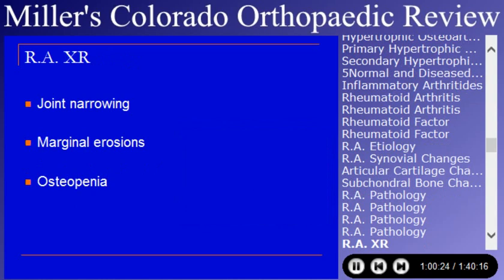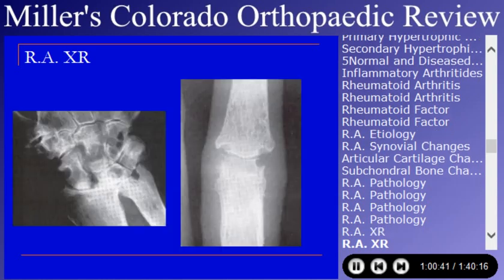The joint narrowing tends to be diffuse rather than focal, so that the varus deformity seen in DJD is not commonly seen or wouldn't be expected with rheumatoid arthritis. And there is the periarticular osteopenia, which is an X-ray characteristic. Erosive arthritis is commonly seen here at the joint margin with the periarticular osteopenia.